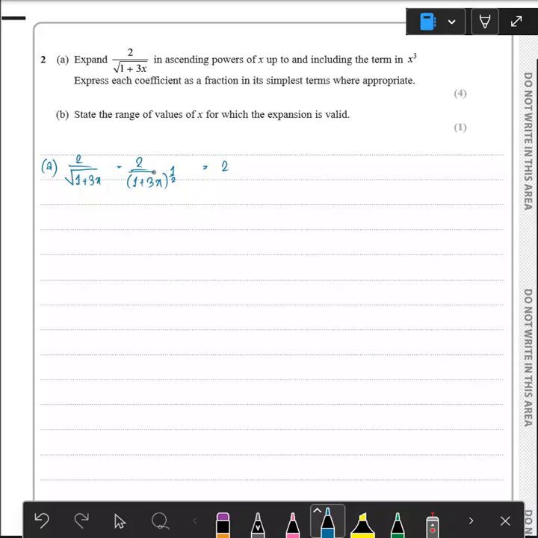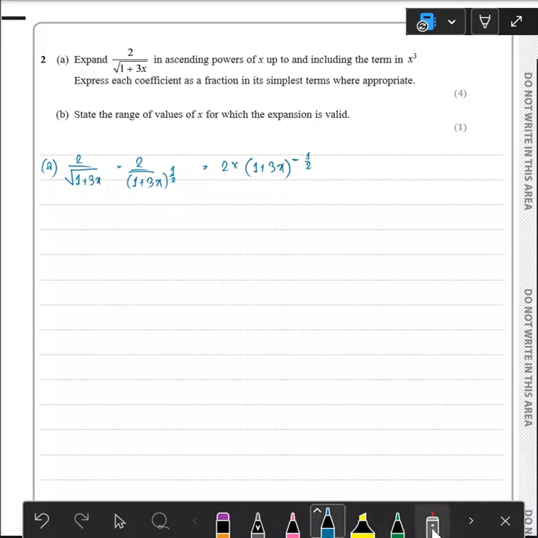The 1 plus 3x to the power half is getting divided by the 2. So if we multiply it, this would be 1 plus 3x, but the polarity of the power will change. Here this is positive half, and this will become negative half.